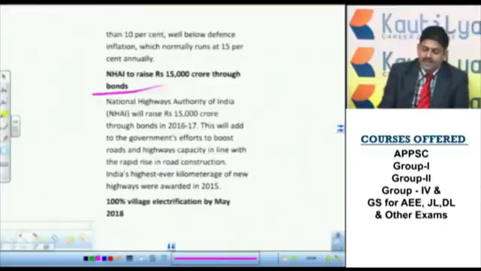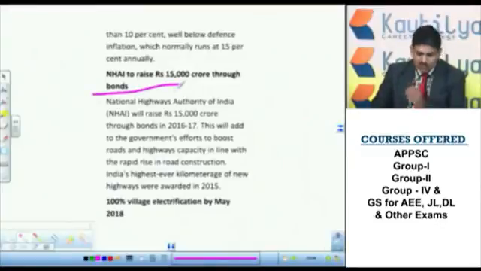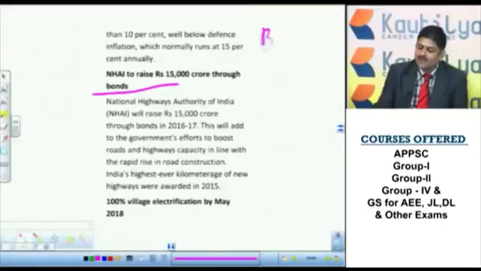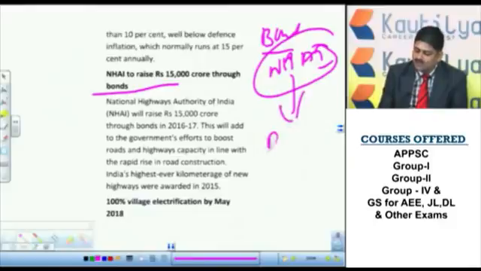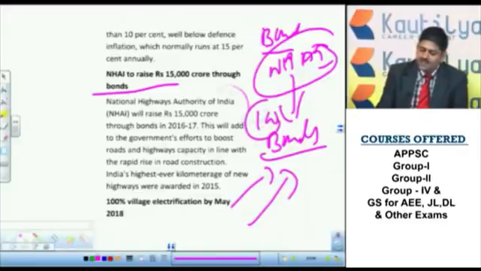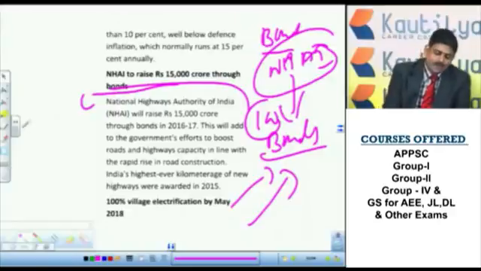Next, NHAI to raise 15,000 crore through bonds. What actually is a bond? It means the government of India wants to raise money through NHAI. So NHAI issues bonds, and the normal public can also purchase them. Suppose you invest 100 rupees, NHAI will give you after a specific period of 3 or 4 years maybe 115 rupees.